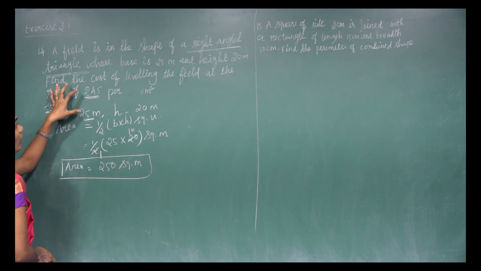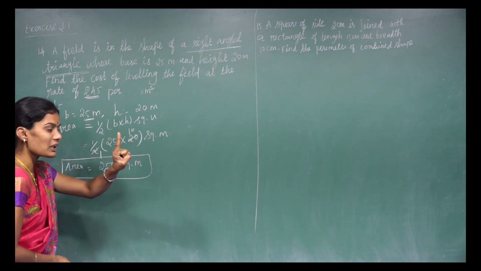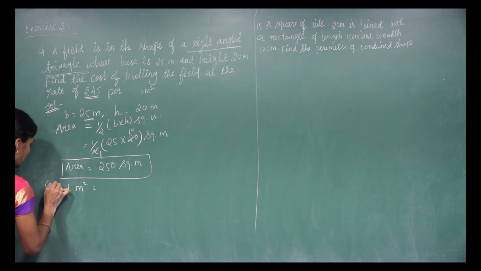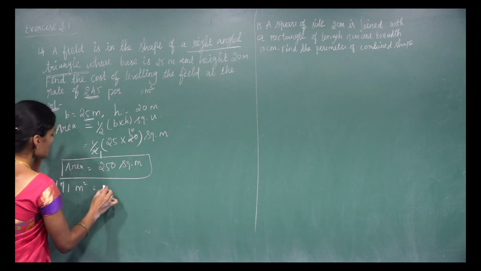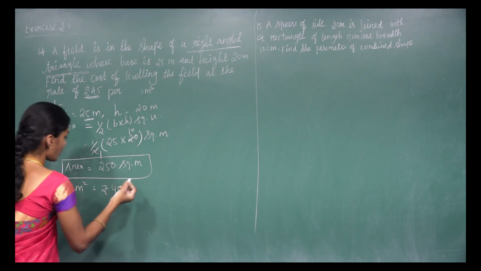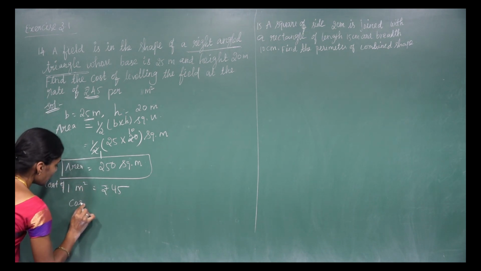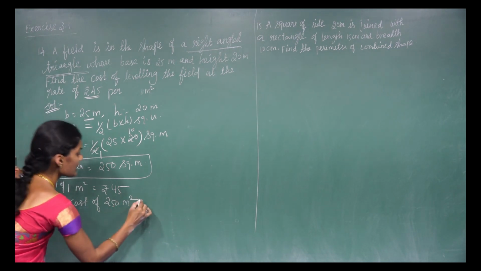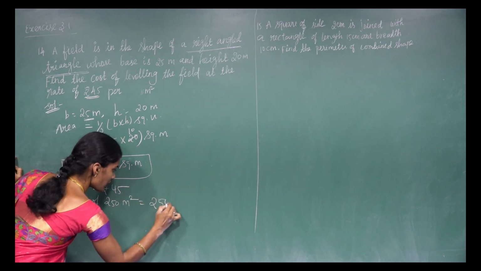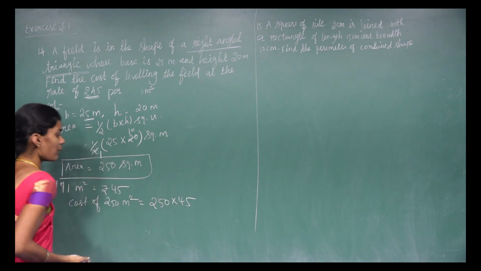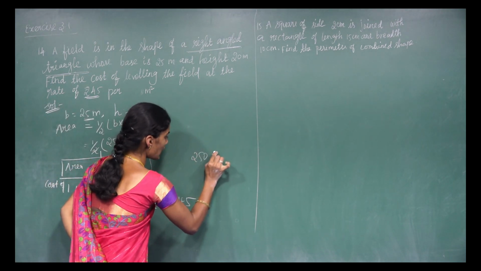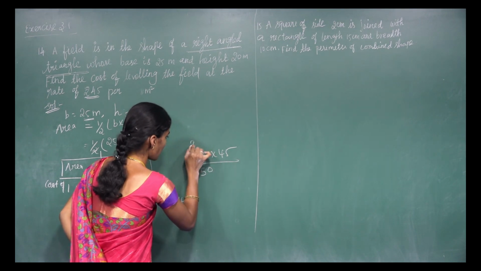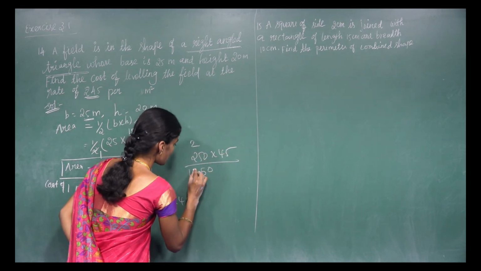But they have given the cost of leveling for only 1 square meter. 1 square meter, what is the cost? Cost of 1 square meter is rupees 45. We want to calculate cost of 250 square meter. Just multiply here 250 into 45. 0, 5 5s are 25, remaining 2, 2 5s are 10, 10 plus 2, 12.